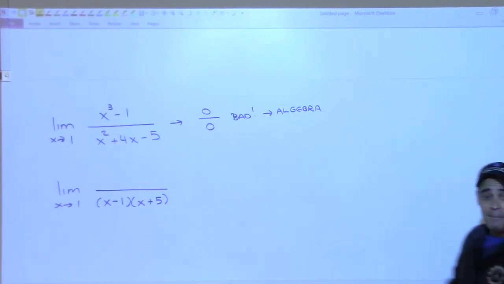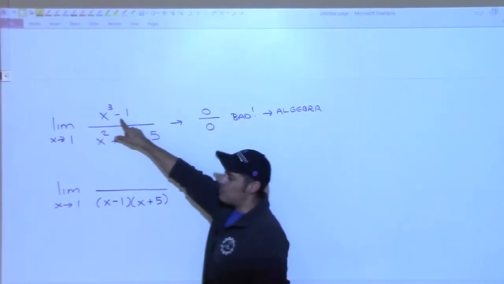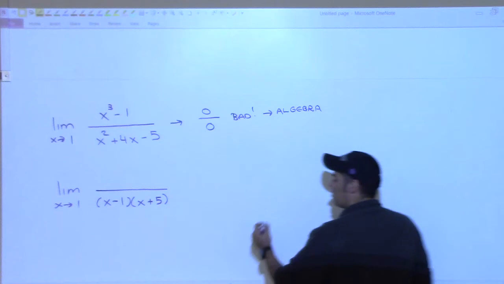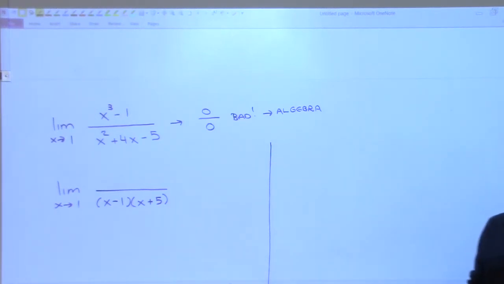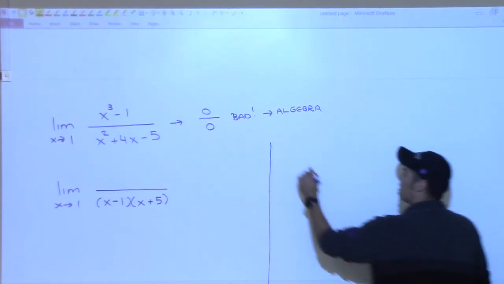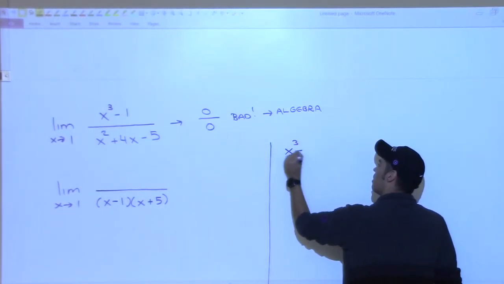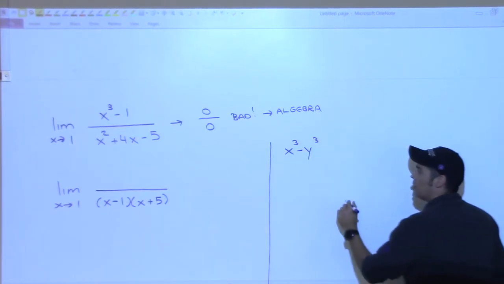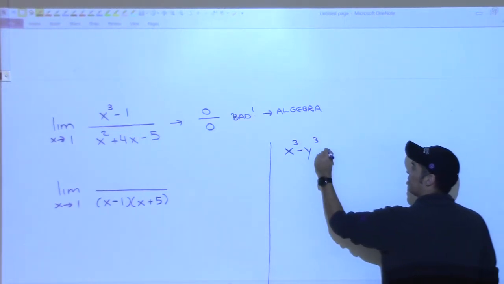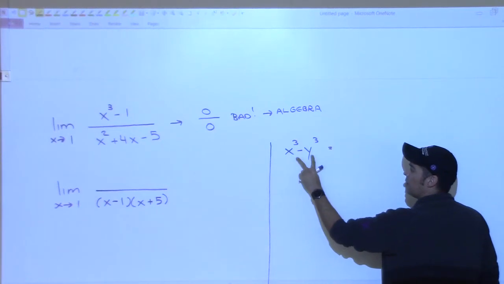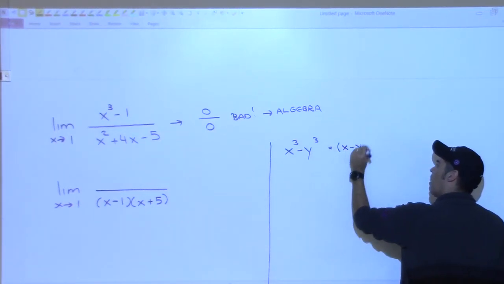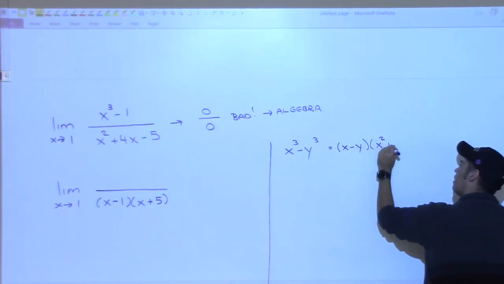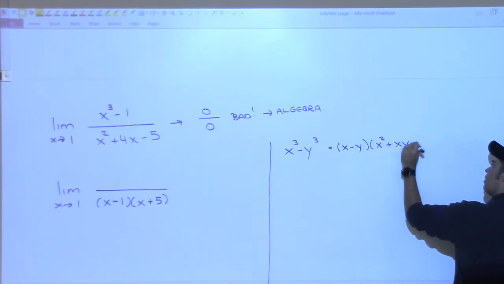All right, now on the top, difference of cubes. So there is a formula for this, and I don't necessarily expect that you would have it memorized, but it is on your formula sheets. I'll just give you the formula here, just like this. If you have a difference of two cubes, it will be x minus y times x squared plus xy plus y squared.